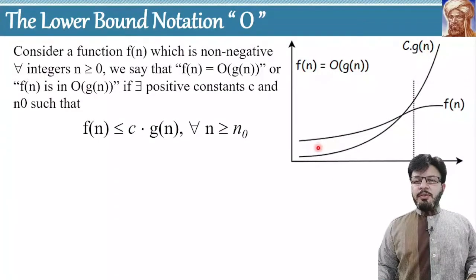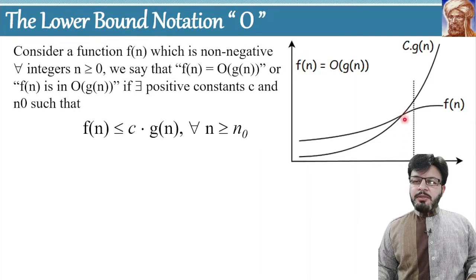As you can see in this graph, we can say that f of n is equal to big O of g of n if the behavior of the functions f of n and g of n is in a way that, whatever the initial values of these two functions, there will be some point after which the function g of n will always dominate the function f of n, and that particular point is called n naught.